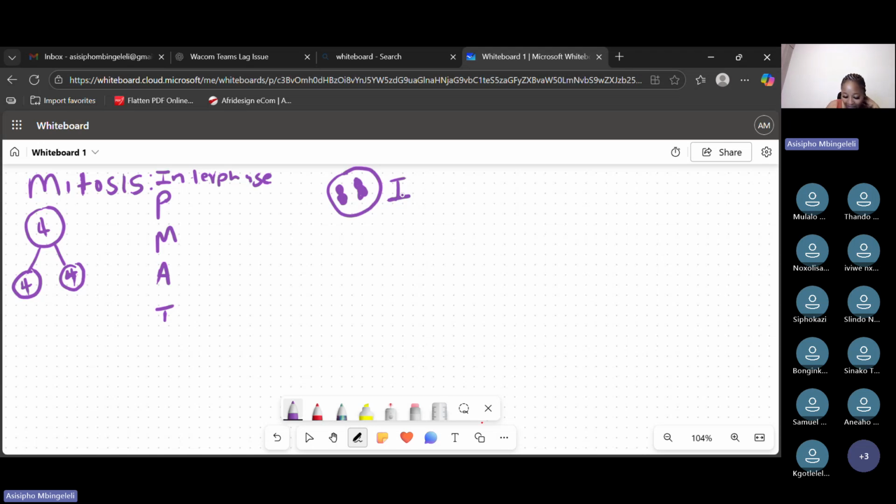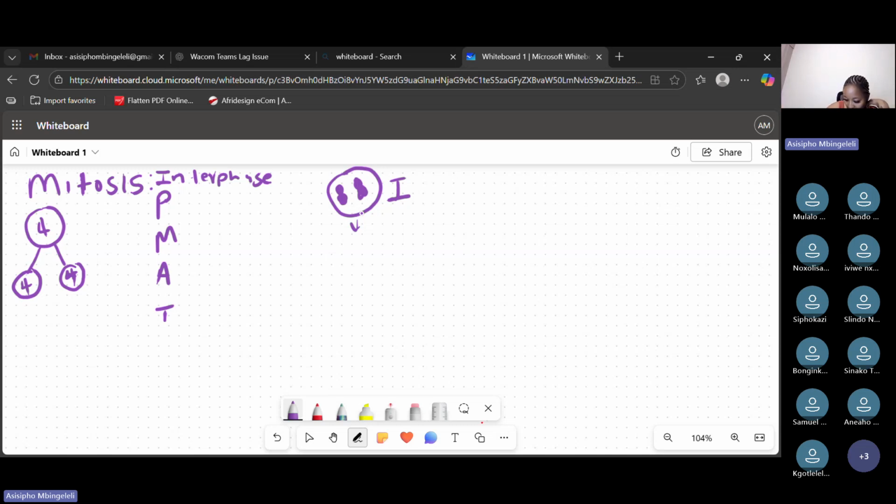Just after that, the chromosomes are going to be visible, and they will be visible in their replicated form. That means if we had 4 unreplicated chromosomes, they are going to replicate to then become 4 replicated chromosomes.